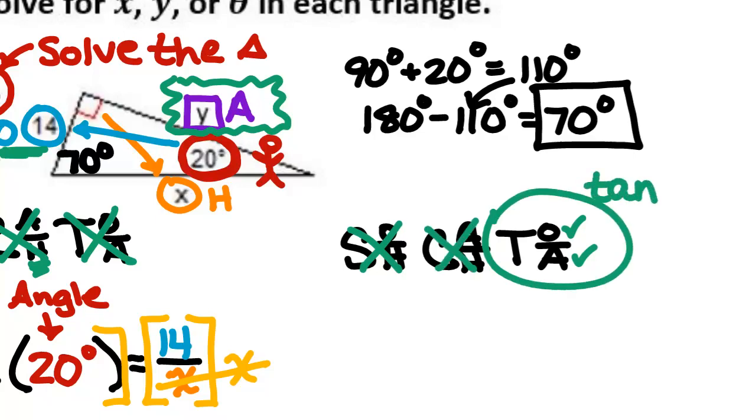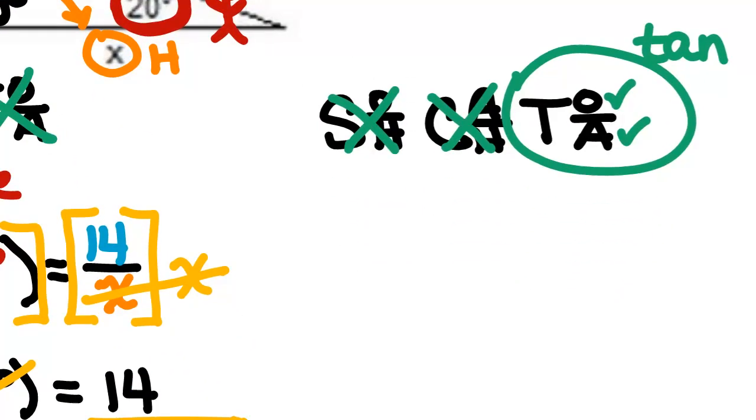I don't want to use any numbers that I just found, like that 40.933. I know it's my hypotenuse, but I don't want to use that to find anything else because we already had to round that one, right? If you have had to round an answer, you don't want to use it to find another answer. All right, so tangent. What goes in my parentheses? 20 degrees.